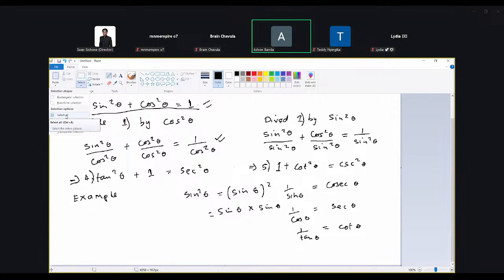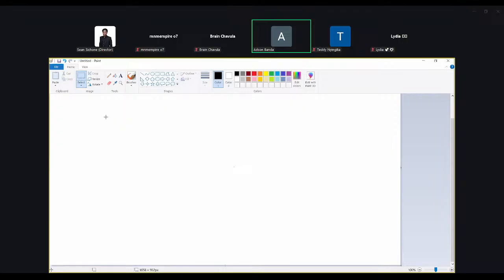So let's bear in mind the identities, the 5 identities that we have so far. You need to know these identities and be able to use them whenever you have to. I don't encourage memorizing, but you can memorize and know. Right, so let's look at the following example.